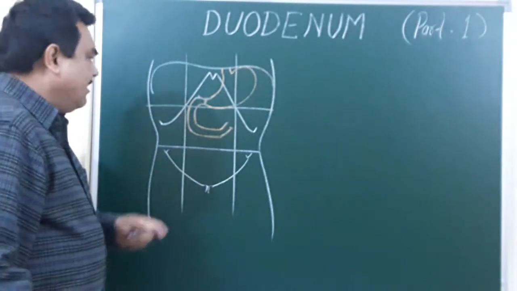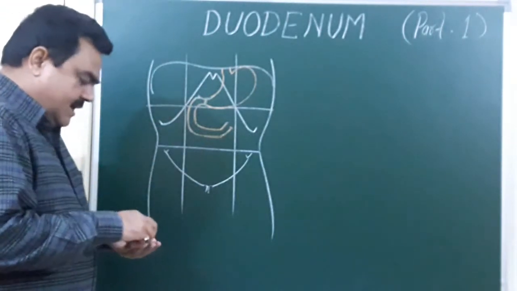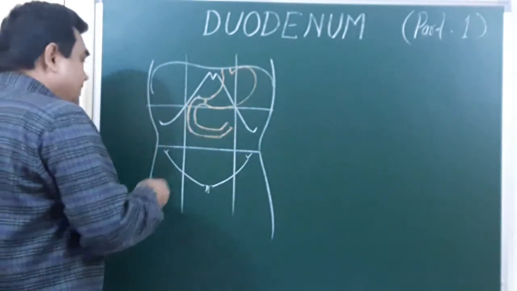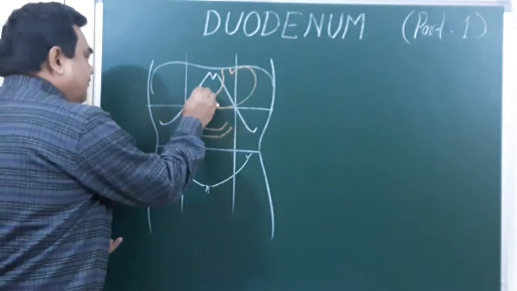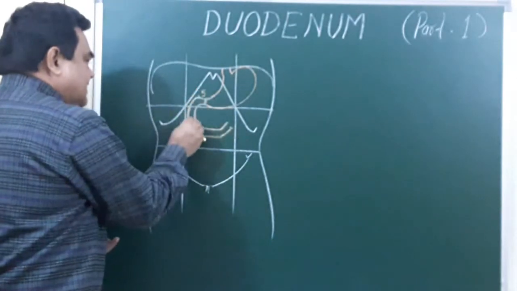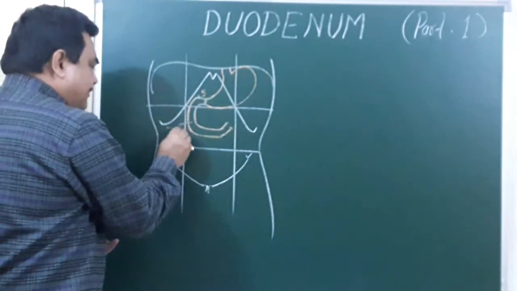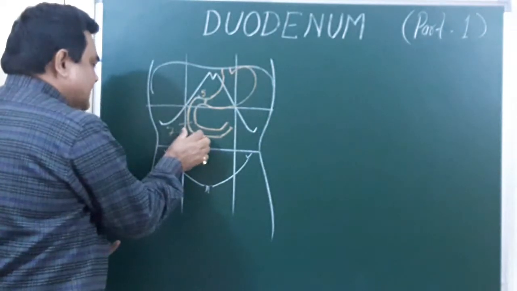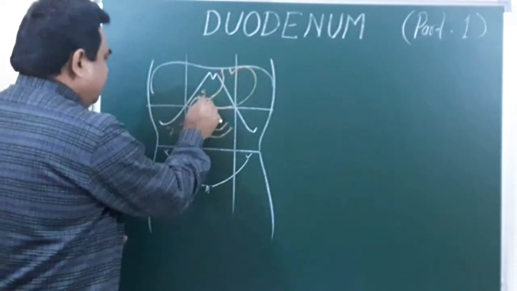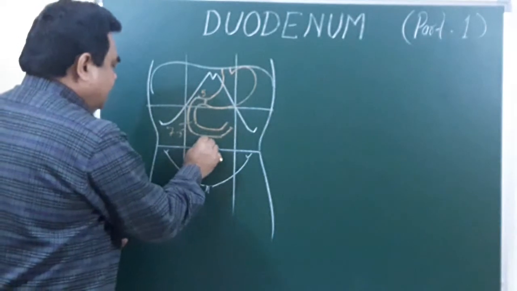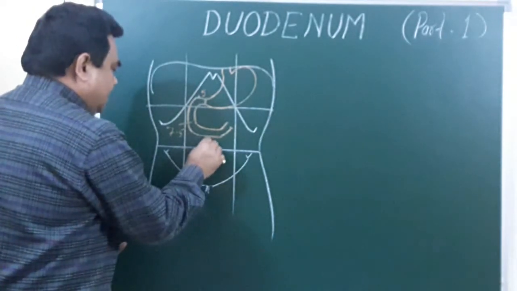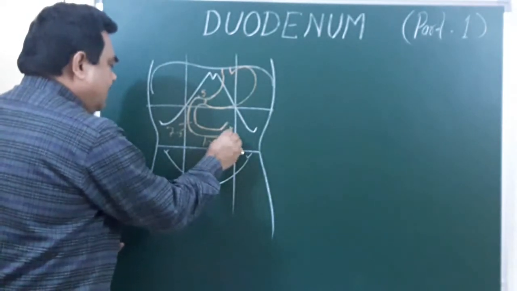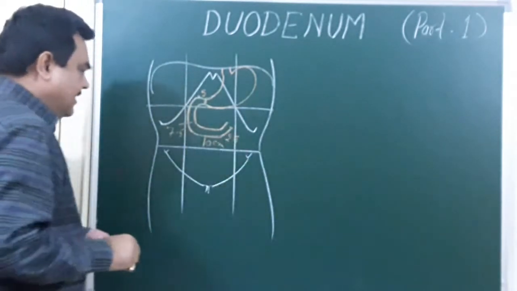And the length of each part or segment: the length of the first part is about 5 centimeters, the second part 7.5 centimeters, the third part 10 centimeters, the fourth part 2.5 centimeters.